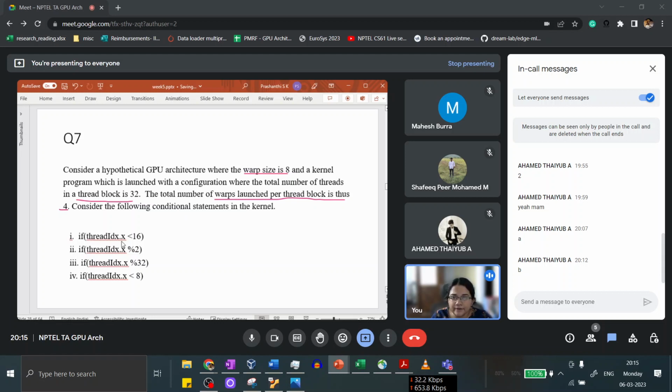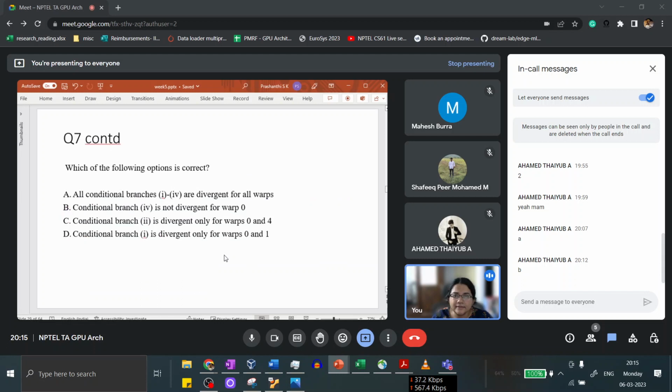If threadIdx.x less than 16, if threadIdx.x mod 2, if threadIdx.x mod 32, if threadIdx.x less than 8. So these are 4 statements given to you for this kernel.